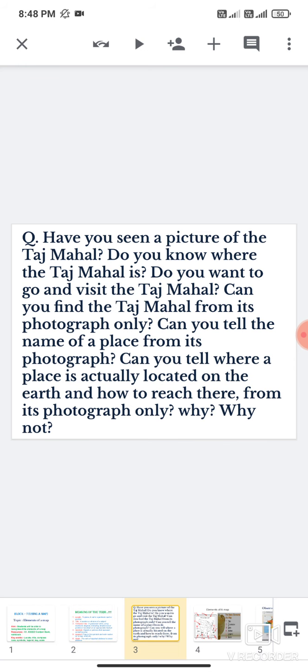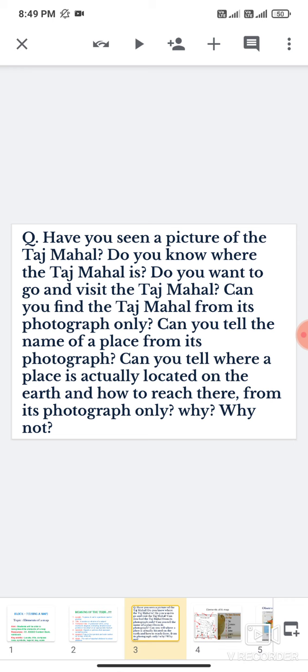Have you seen a picture of the Taj Mahal? Do you know where the Taj Mahal is located? Or do you want to go and visit the Taj Mahal? Can you find the Taj Mahal from its photograph only?